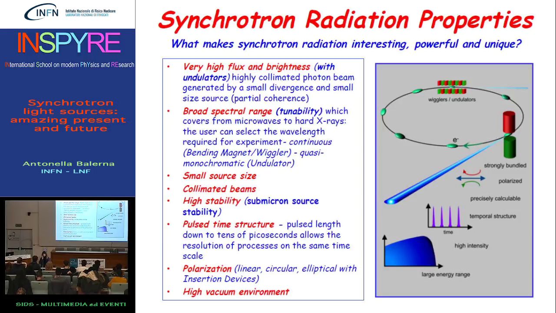Normally, it has only two important wavelengths, the ones related with the target used, normally copper, so you can see K alpha and K beta of copper, and in that case you have a huge amount of photons, but the continuous part of the emission is very, very low. In this case, you have a huge amount of photons over a wide energy range. So you can make experiments where you need to scan energy. You're not limited only to one wavelength, but you can choose also a range of wavelengths because you have them all.